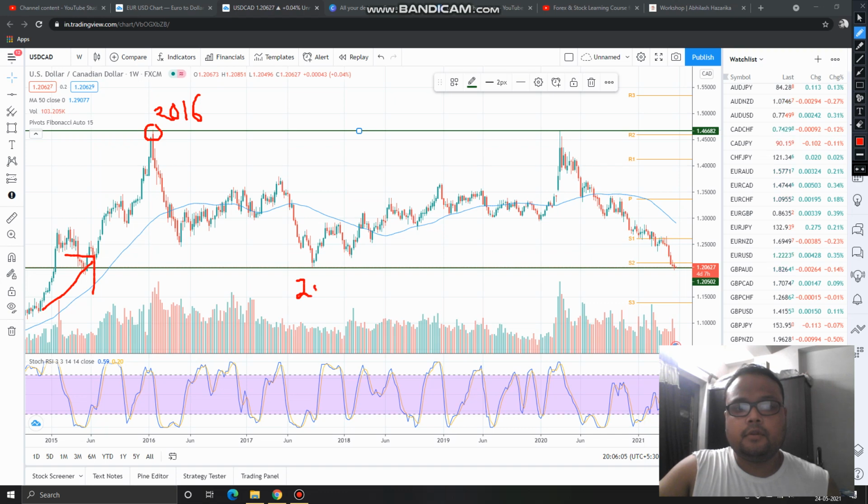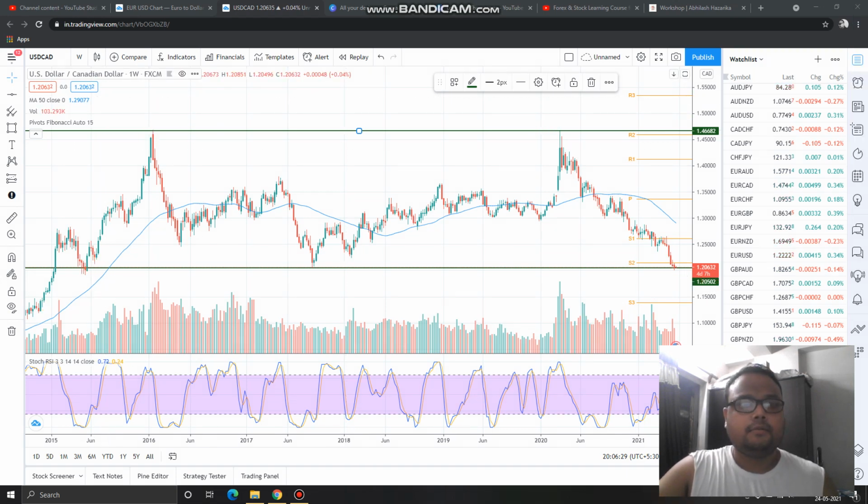So my question was, if a resistance from 2016 is a valid resistance, then a support from 2017 will still be a valid support, and we can easily see that the market is respecting the support from 2017.